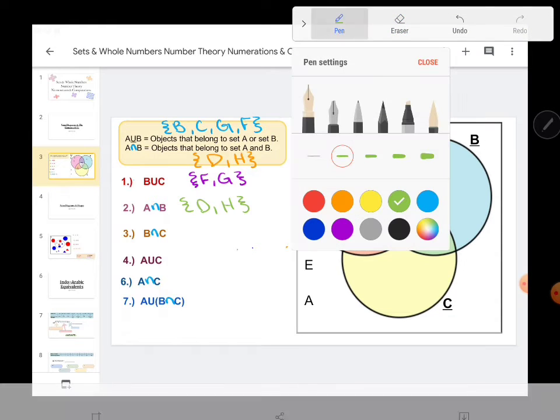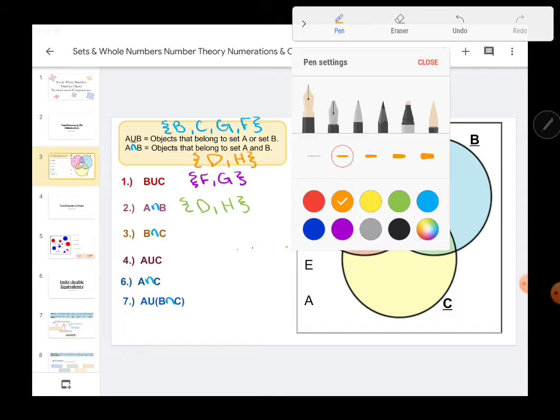For the next problem, we are presented with B ∩ C. Now, we know what ∩ means. When we have an ∩ or an inverted U in a problem like this one, we know that we are looking for objects that belong to the first circle and the second circle.